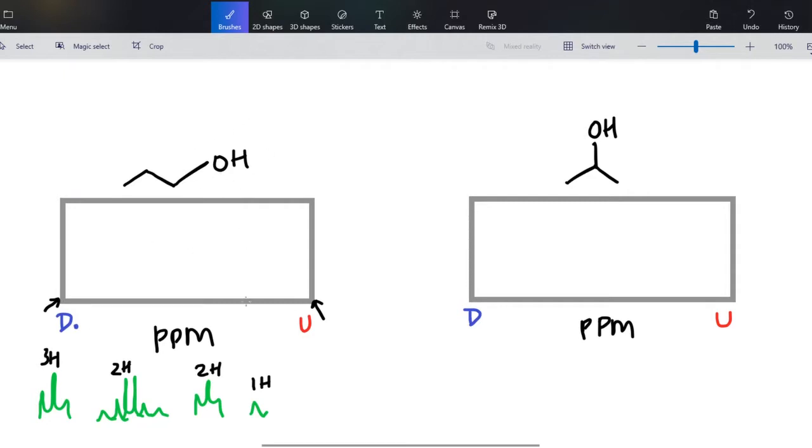So this group is going to be right at the end here as our triplet. We're going to have these 2 CH2 groups slightly closer downfield, and that's because they're in closer proximity to our OH.